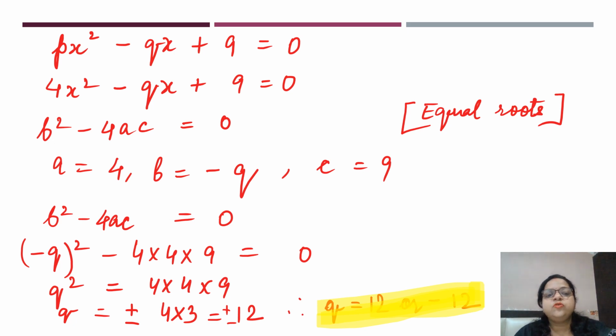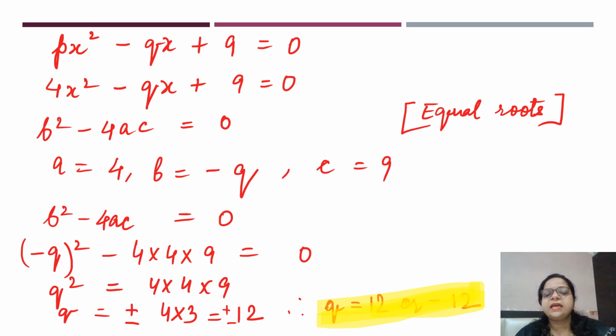So a is equal to 4, b is equal to −q, and c is equal to 9. b² − 4ac = 0 implies that (−q)² − 4 × 4 × 9 = 0, or q² is equal to 4 × 4 × 9. Therefore, q is equal to ±4 × 3.